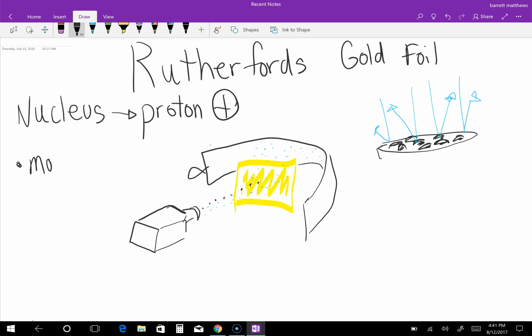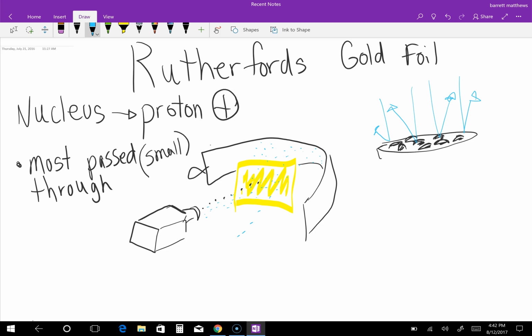As he began bombarding it, he found that almost all the alpha particles passed through, represented by those light blue dots on the back of the detector. This led him to believe that there was a lot of space and that the nucleus of the atom was small. The second thing he saw was reflections coming back and even deflections off of their course.